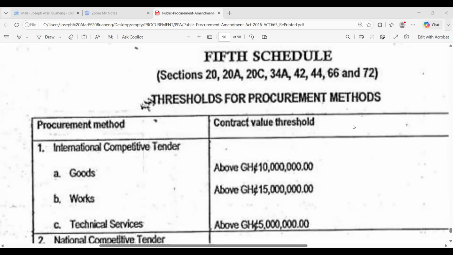So I say market research, and also you scope it, in the sense of what exactly you are buying: the quantity, the spec, the service, or the levels. So you factor all these things to be able to identify the value of the procurement. Okay, good attempt.